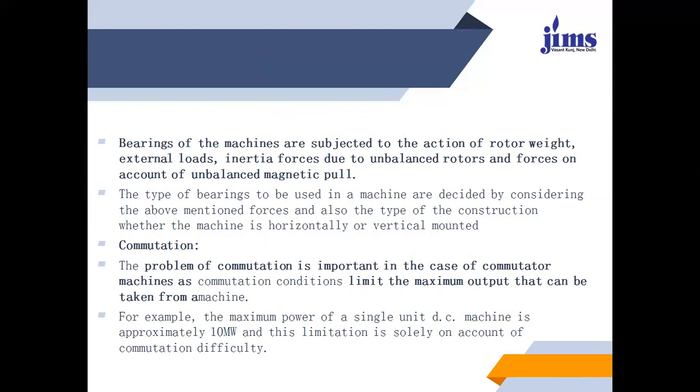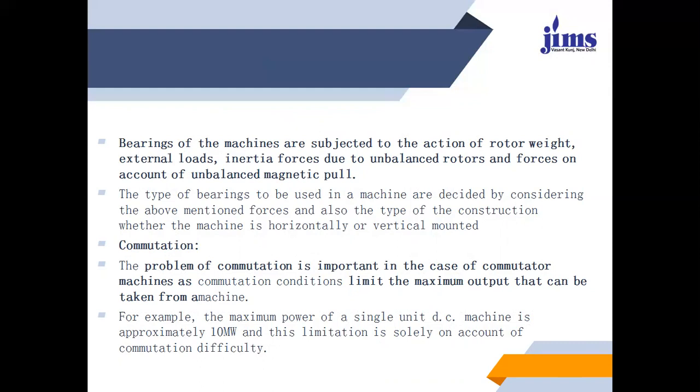Then another parameter is the commutation. The problem of commutation is important in the case of commutator machines, where we are using the commutator. Commutation conditions limit the maximum output that can be taken from a machine. For example, the maximum power of a single-unit DC machine is approximately 10 megawatts, and this limitation is only on account of the commutation difficulty, because commutation means the conversion of AC supply into DC supply or DC supply into AC supply.